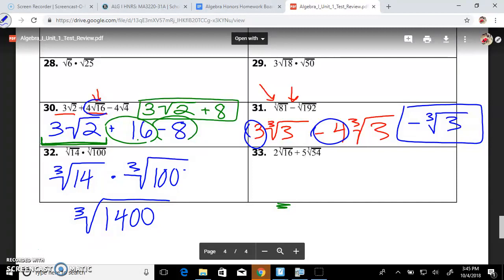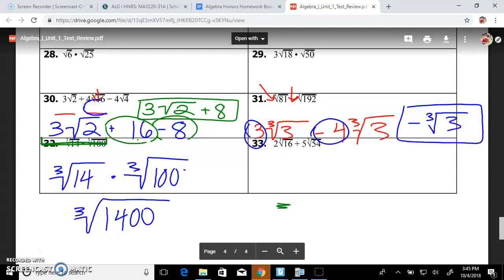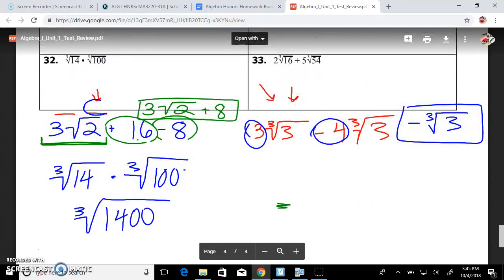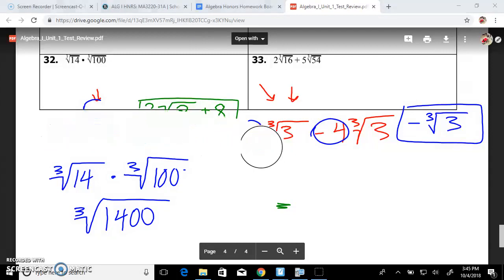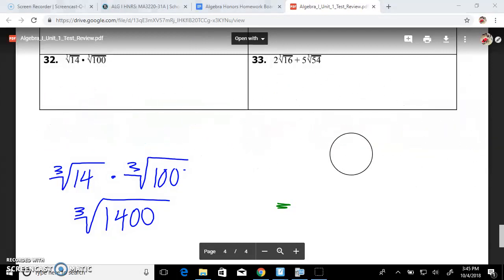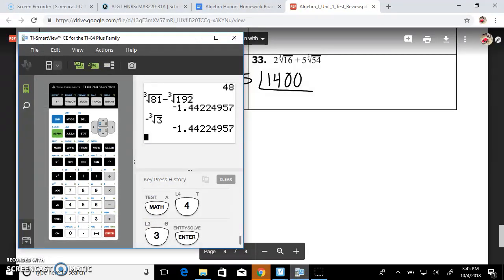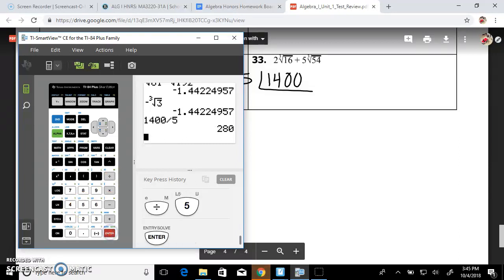So we can make our list of factors and look for a group of 3's. Move my stuff out of the way for this. All right, 1400. These both end in 0, meaning that they're divisible by 5.